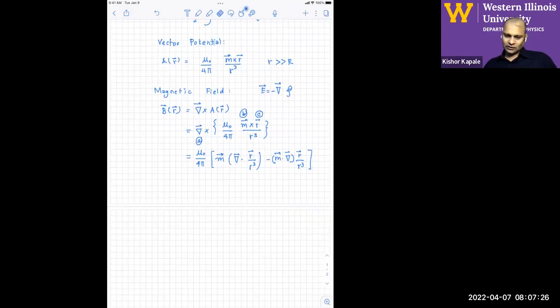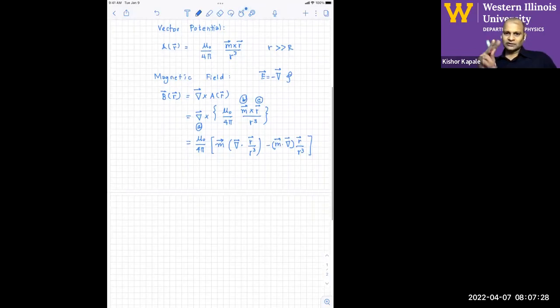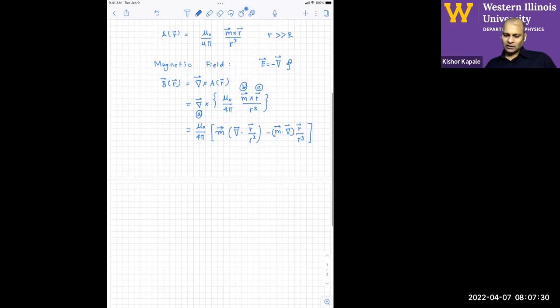So m is constant, you can't take the derivatives of m. That's why you need to be careful when you are using the back-cab rule, when one of the vectors is actually a del operator. Okay, everybody with me so far on that? What does this look like? Anybody knows what this is?